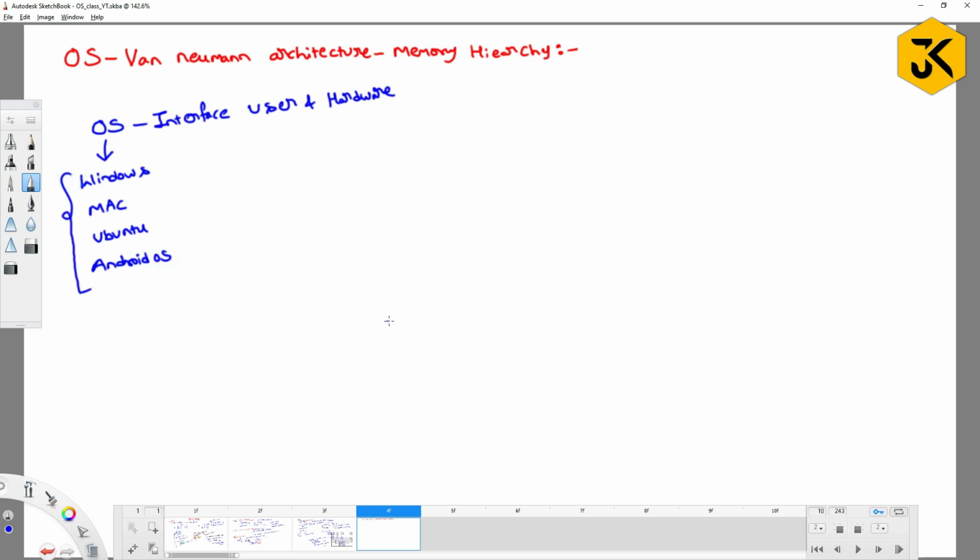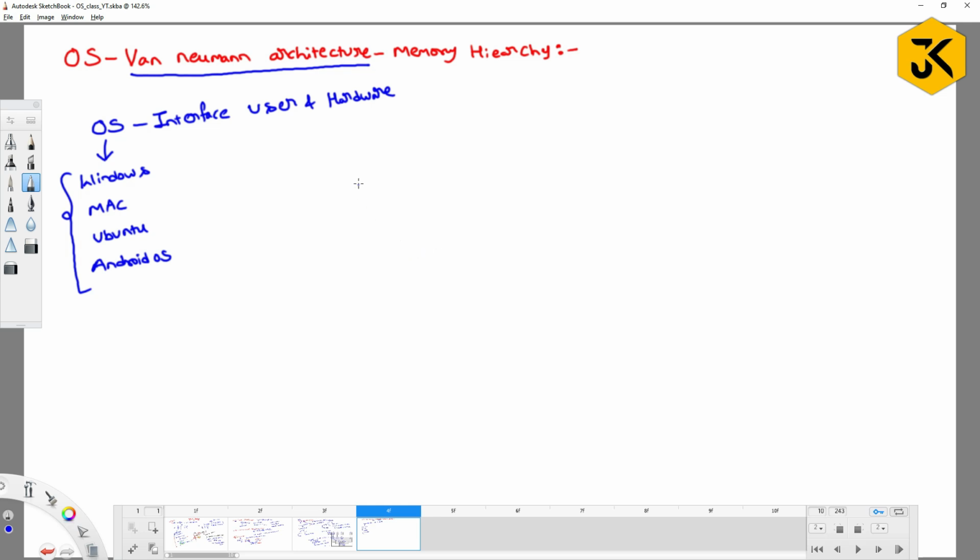Right? Earlier days, at the initial stage of development of the operating system, we had an architecture called Von Neumann architecture. It means how our operating system works and interacts with the computer hardware.